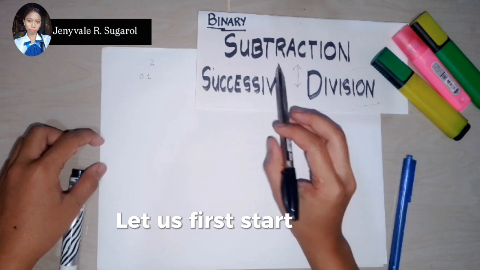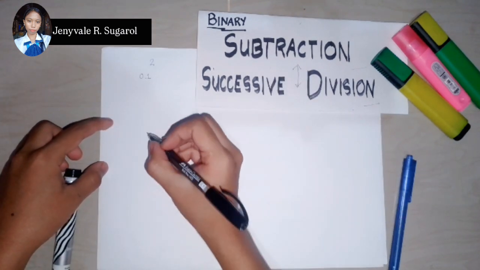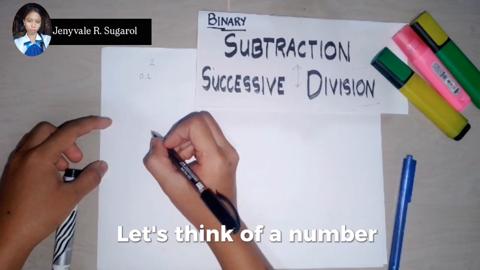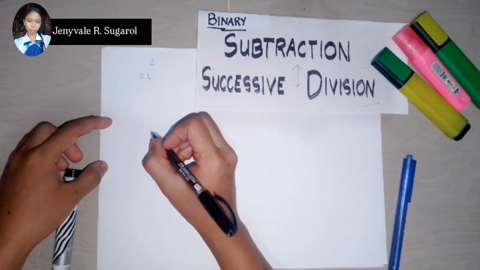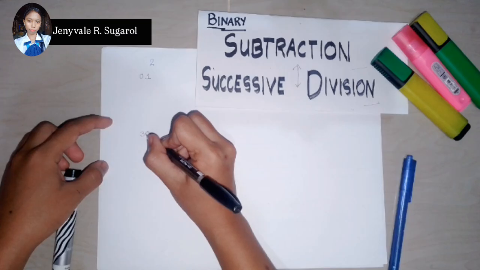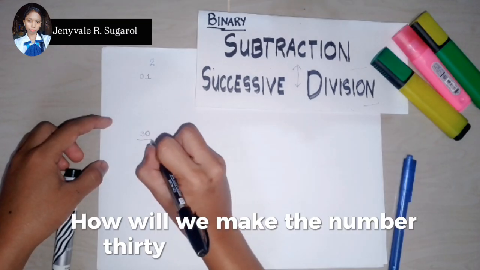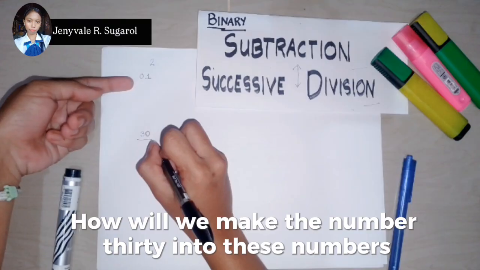Let us first start on the subtraction. Let's think of a number, the number 30. How will we make the number 30 into these numbers?